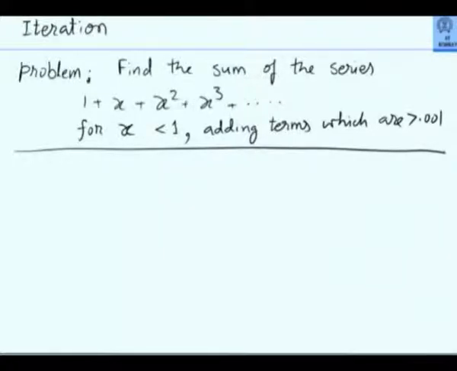Now first term is 1 plus 0.8. Then we have to add 1 plus 0.8 plus 0.8 square.